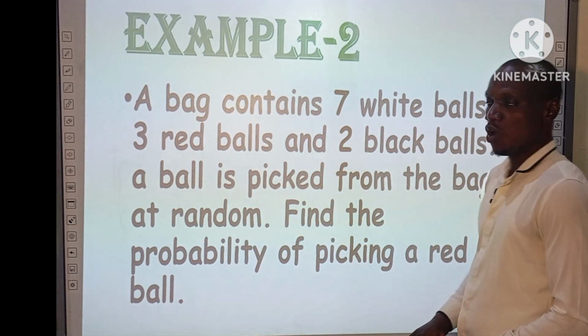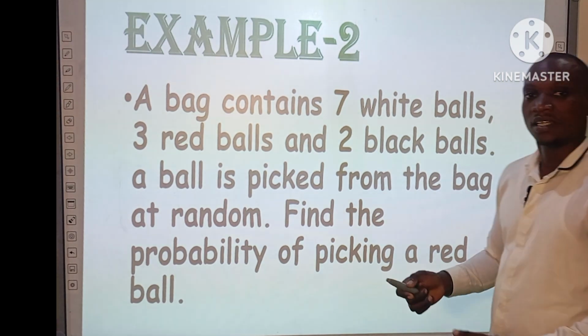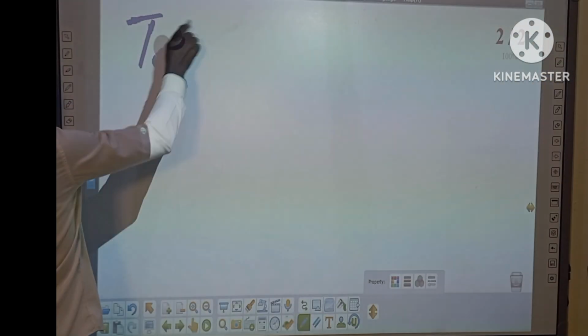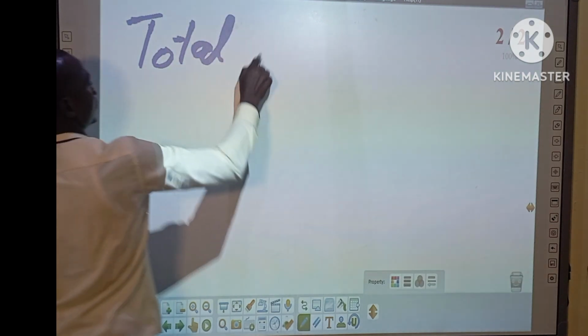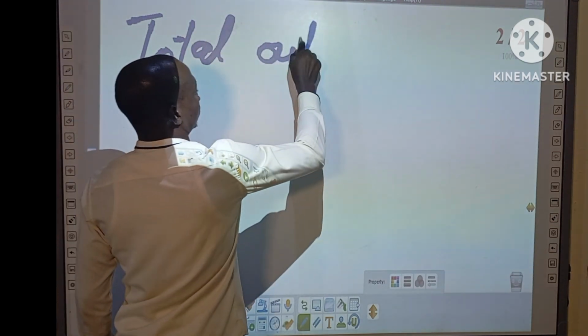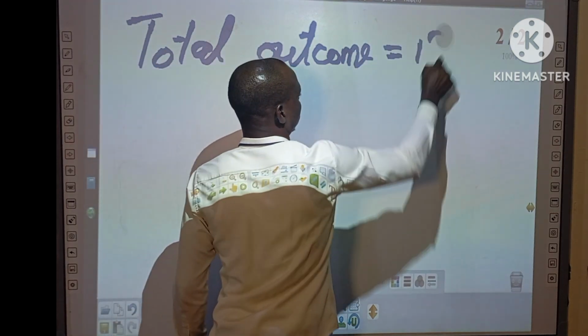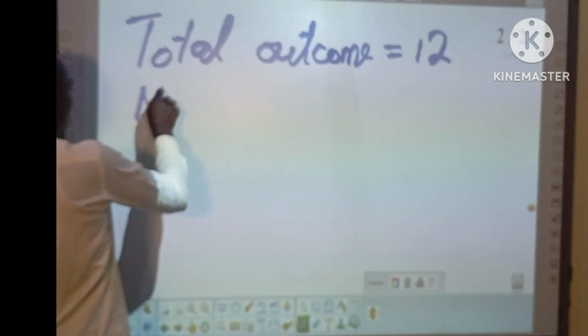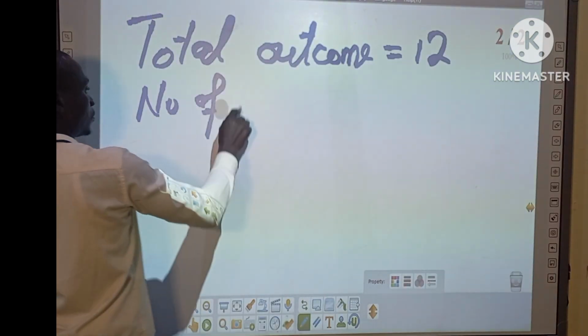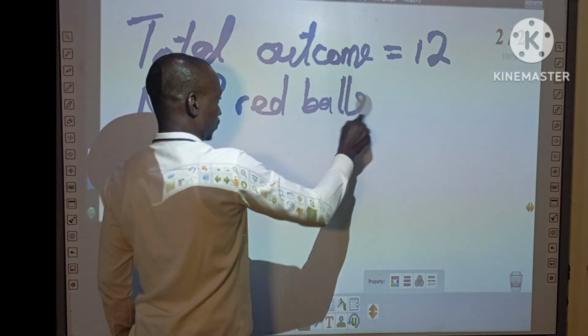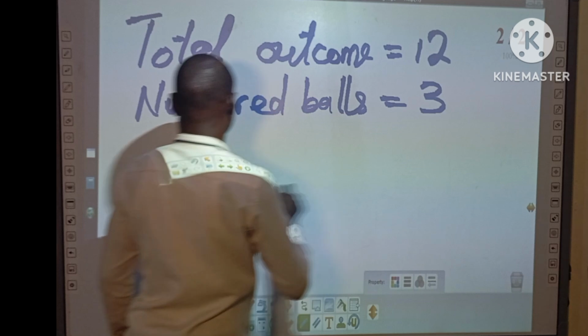So with this, we'll be able to find the probability of picking a red ball. Total outcome is equal to 12. Number of red balls is equal to 3.